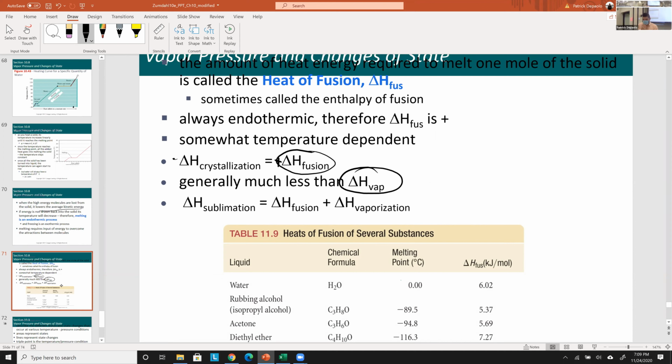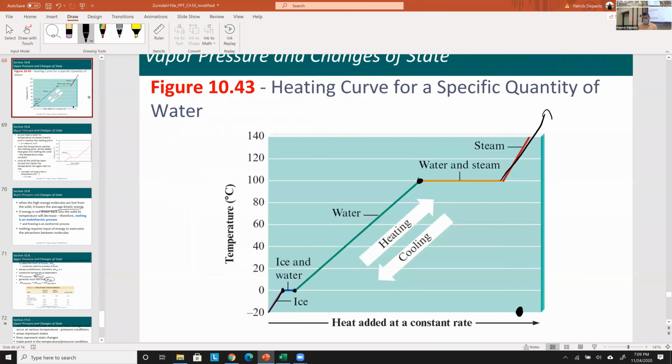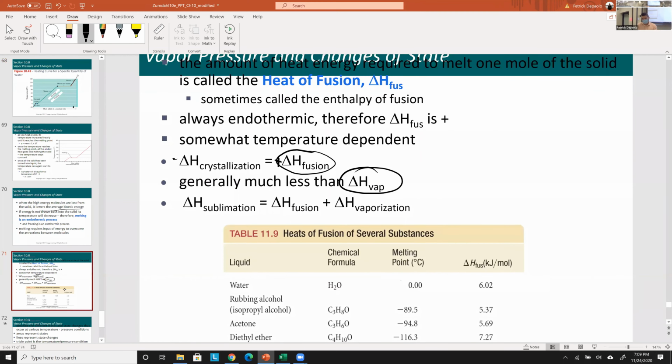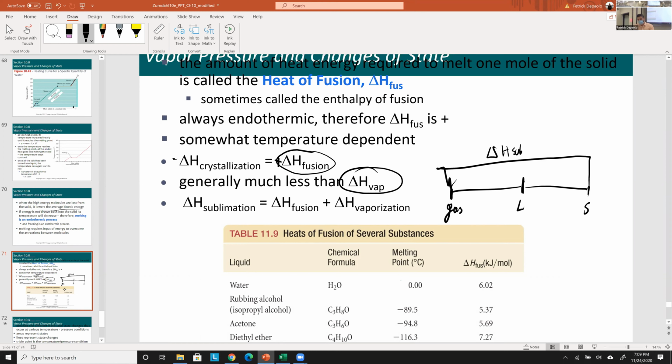But anyway, a way you can sum this all up is based on the phase diagram, or the heating curve, which has different states. You can say sublimation, the enthalpy of sublimation, which is going from a solid to a gas directly. That's delta H sub.